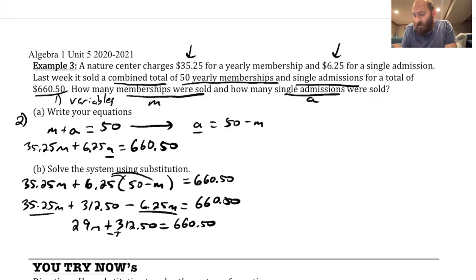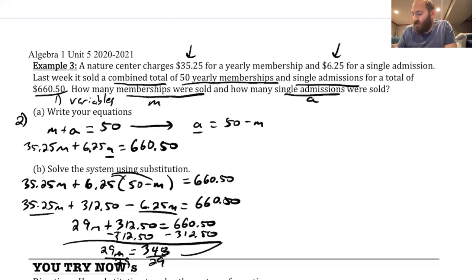Now I can subtract my 312.50 over. So 29M is equal to 660.50 minus 312.50, which gives me 348. And finally, let's divide both sides by 29. I do that and I get an M value of 12.